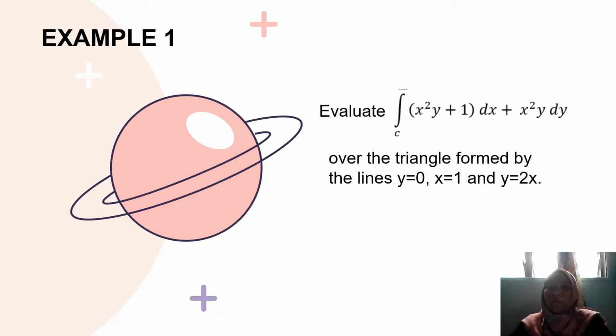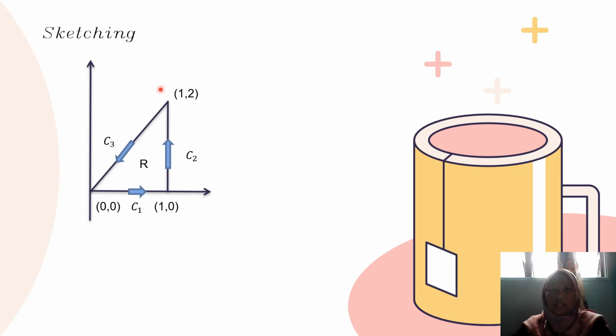For example 1, evaluate the integral over closed curve of (x squared y plus 1) dx minus x squared y dy over the triangle formed by the lines y equals 0, x equals 1 and y equals 2x. For the sketching, this is the line y equals 2x, x equals 1 and y equals 0.